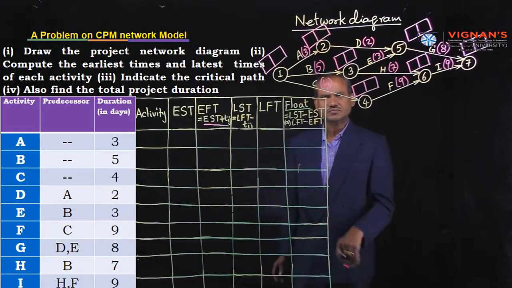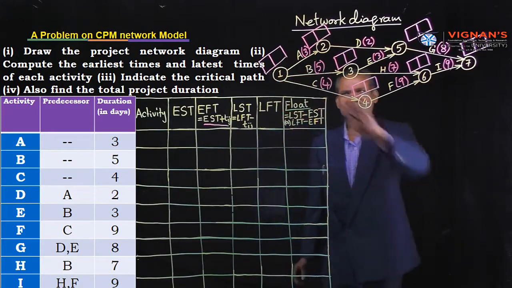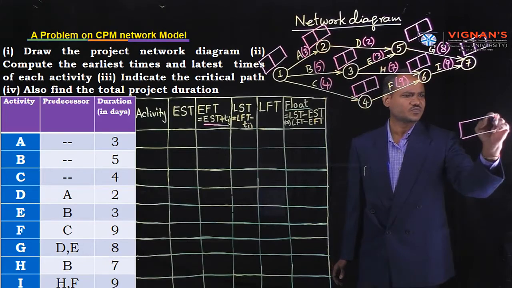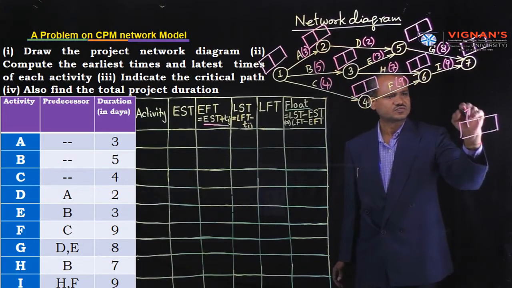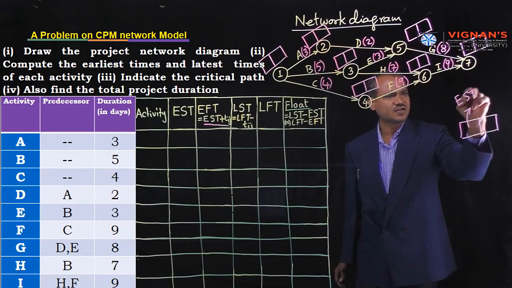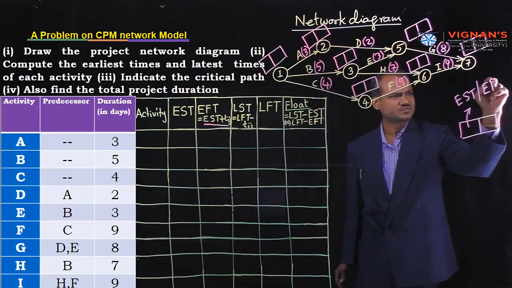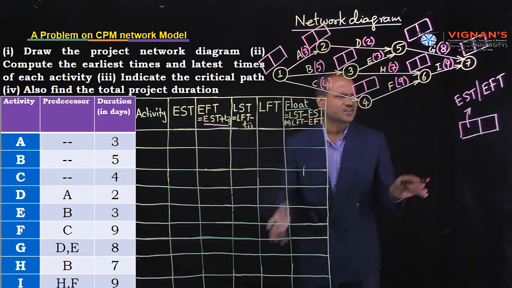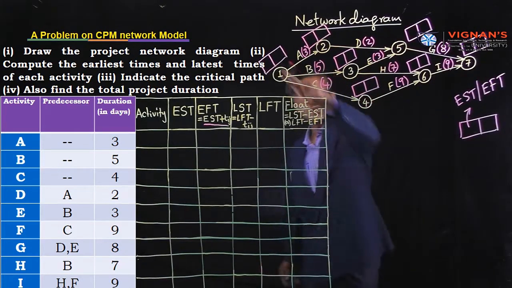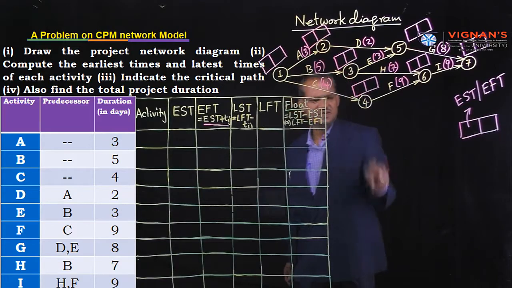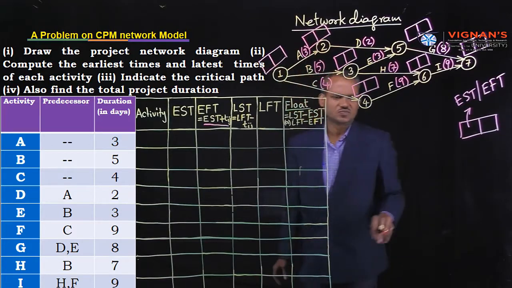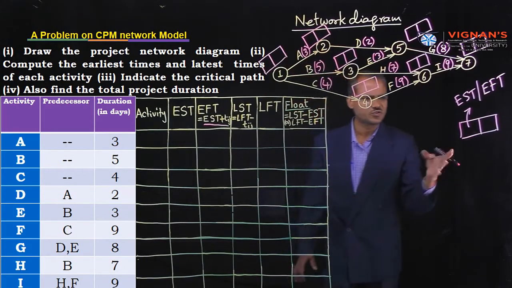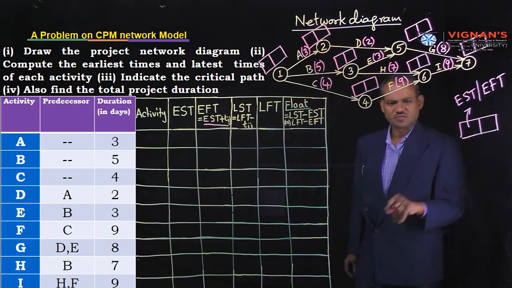Now we are going to fill these boxes. The first box indicates EST or EFT. By using forward pass recursion, we are going to fill all the first square boxes on every node. Please observe.